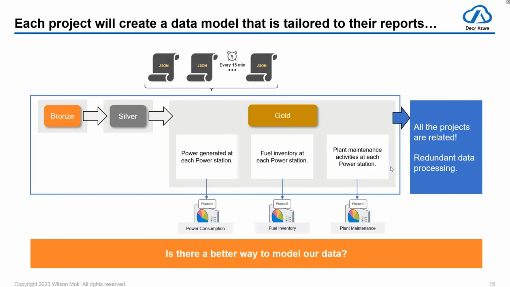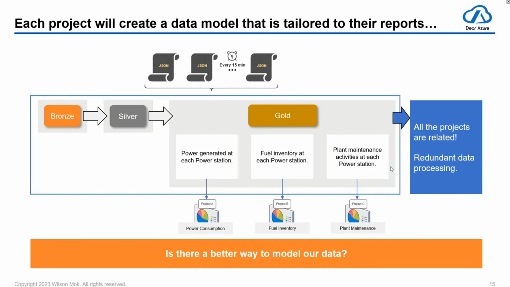Project A, which is the power consumption project, in which you're trying to track and measure the power generated at each of the power station for a specific duration. In Project B, the fuel inventory project, where you're trying to track the amount of fuel that you have at each of the power station.